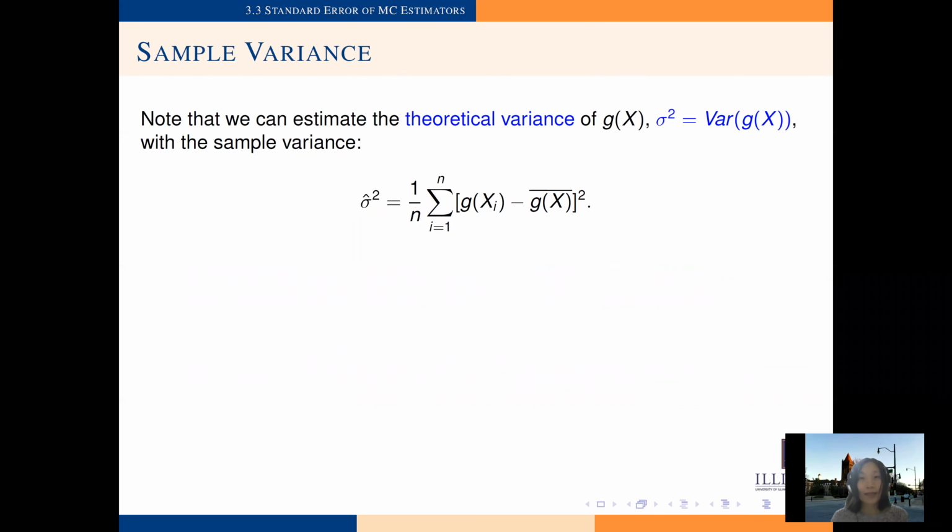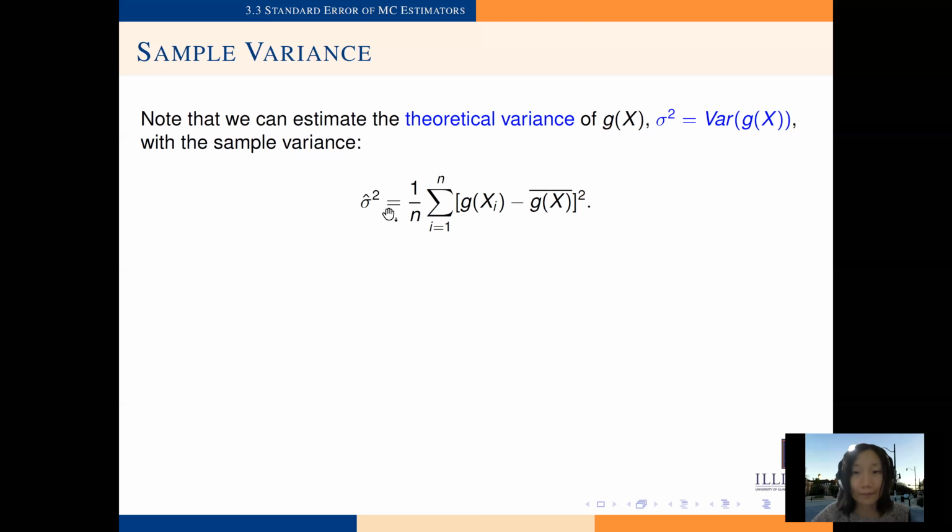Note that we can estimate the theoretical variance of g(x), which is given by sigma squared. By definition, this is equal to the variance of g(x). We can estimate sigma squared with the sample variance of g(x). Let's denote the sample variance by sigma hat squared.